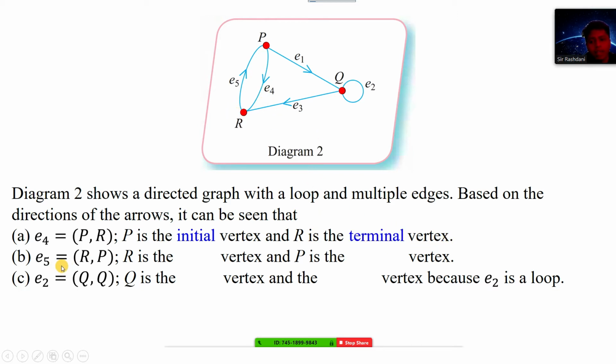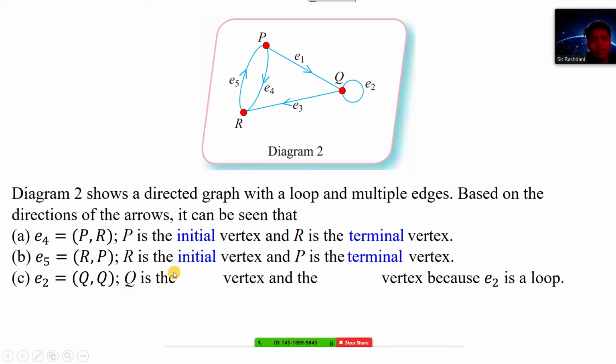For E5 or edge 5, the arrow is upward, right? So R will be our initial vertex, and P is our terminal vertex. For E2, you see E2 is in here. E2 is our loop QQ.